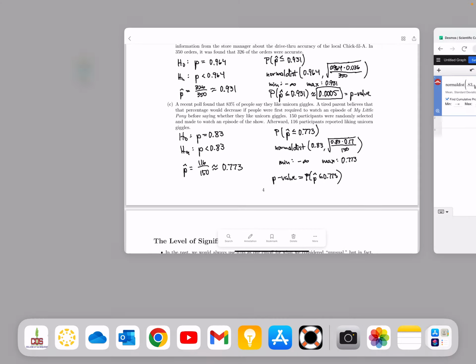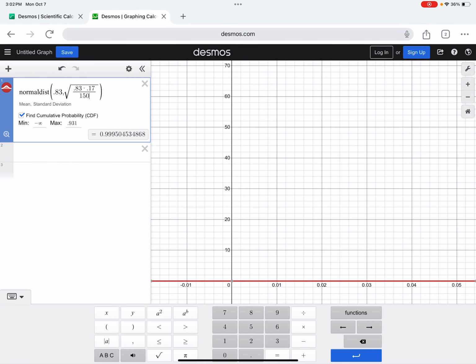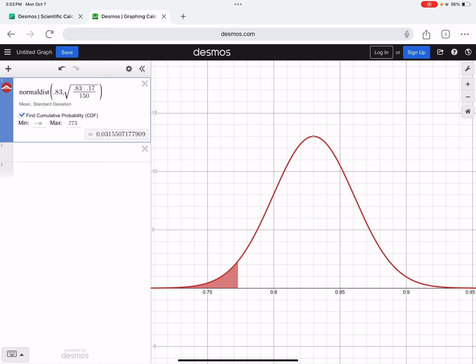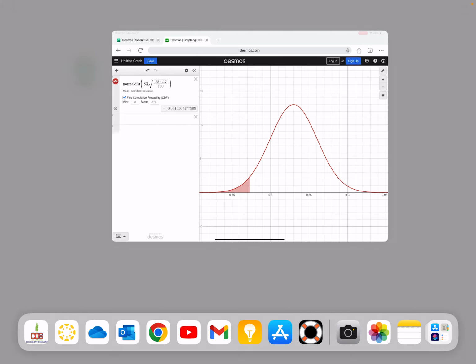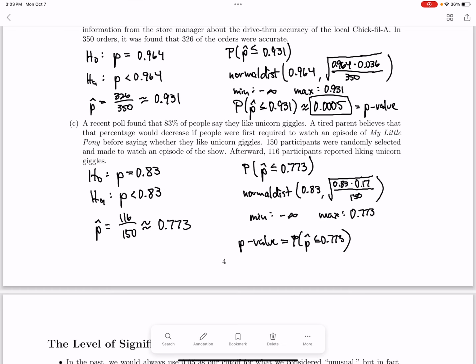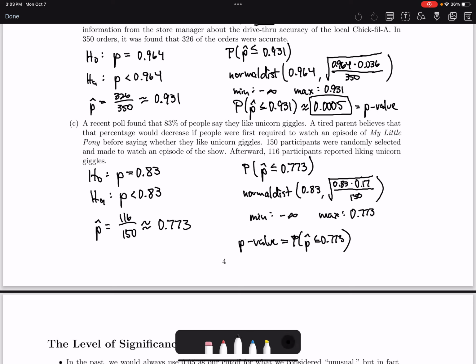Okay, 0.773. All right, looks like there's about a 3% chance of that happening, 0.0316. Okay, and there's our p-value.